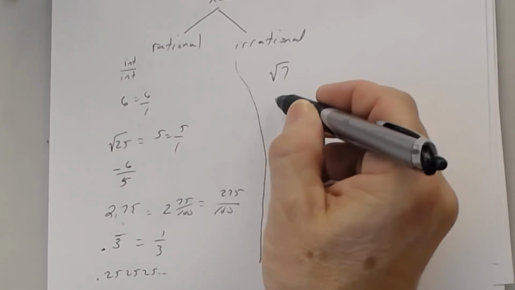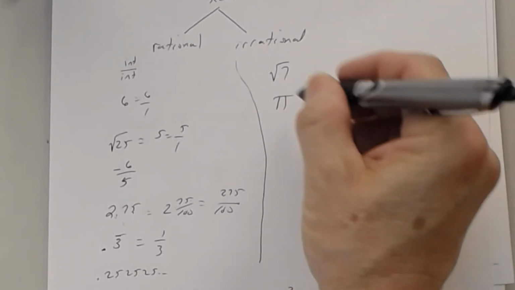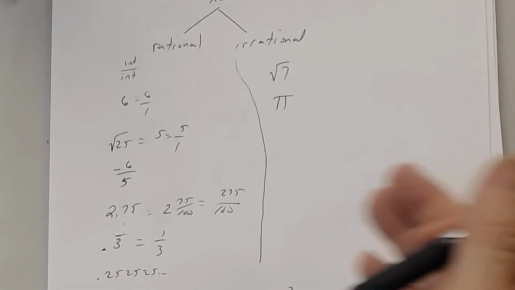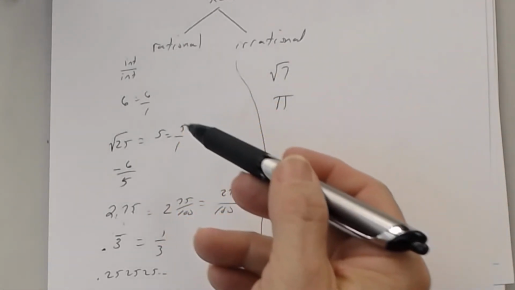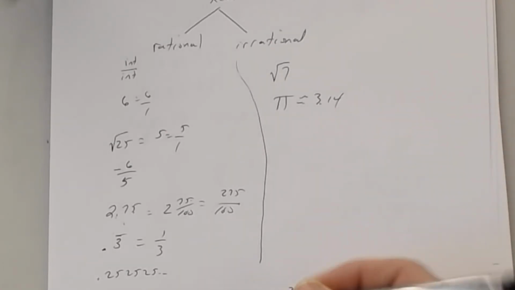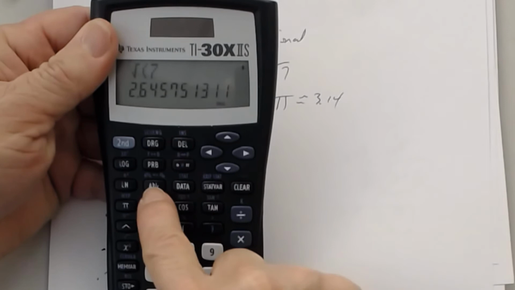In geometry you learned about pi. Pi is an irrational number. That's why we use a Greek symbol to represent it, because we couldn't represent it as a fraction. It's approximately equal to 3.14. If you put pi in your calculator, let's see, where's pi on here?